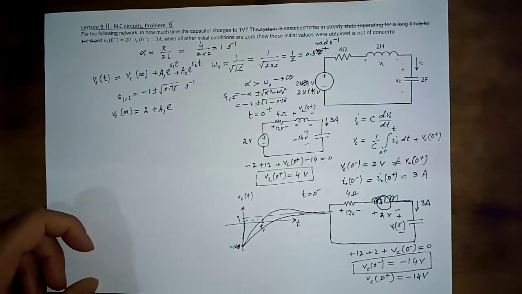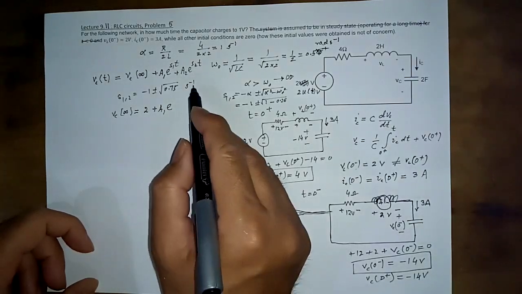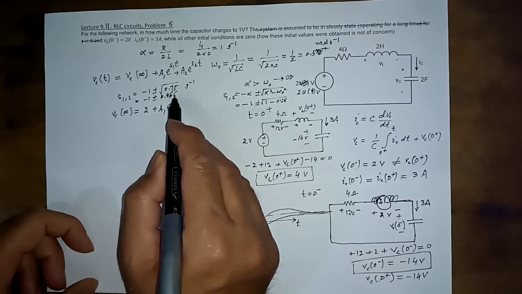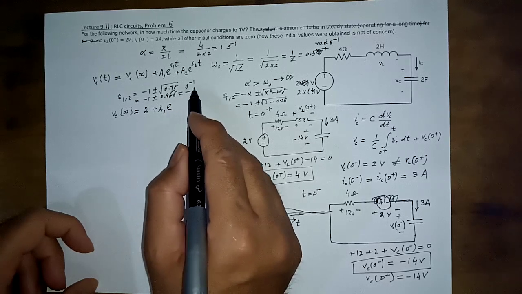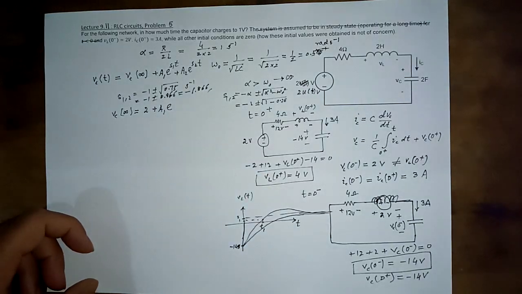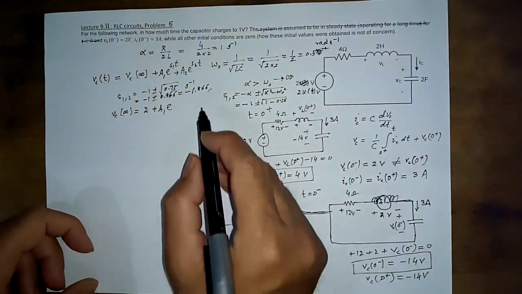Let me try to solve this for you. So square root of 0.75 is root 3 by 2, or 0.866. Minus 1 plus minus 0.866 gives us a value of minus 1.866, and the other value is going to be minus 0.134.